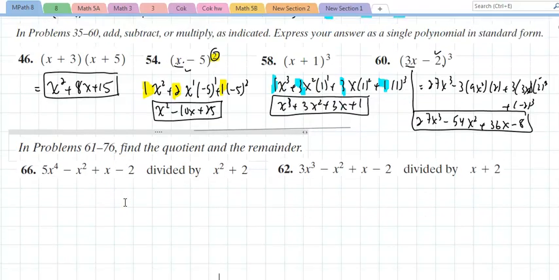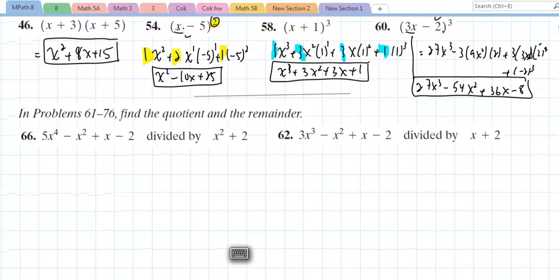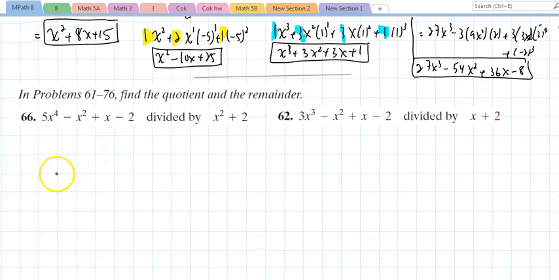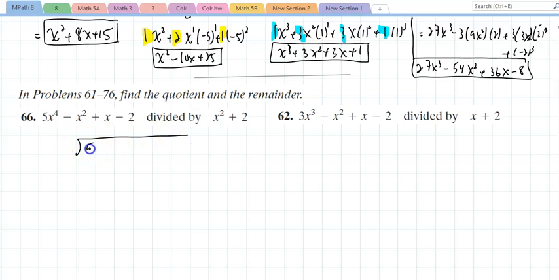Okay, a quick reminder on dividing. You need to know both long division and synthetic division. Long division, again, 5x to the 4th divided by x squared is 5x squared.